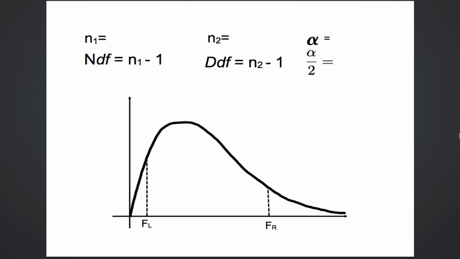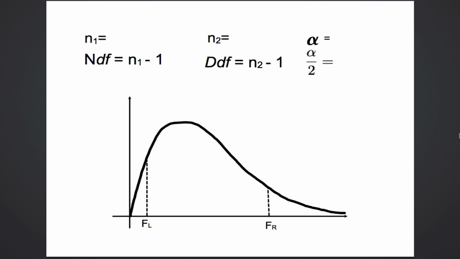Now, the numerator degrees of freedom refers to the degrees of freedom for sample size 1, which is n1, and the denominator degrees of freedom is for sample size 2, which is n2.